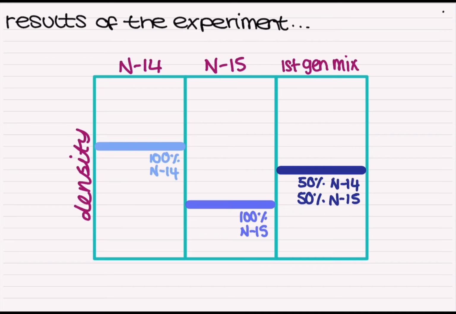This experiment therefore supported the idea of the semi-conservative replication model, as it showed that the first generation bacteria that was used on the N15 and then the N14 had seemed to incorporate both isotopes of the nitrogen, 50% of the original parent DNA and 50% new DNA.